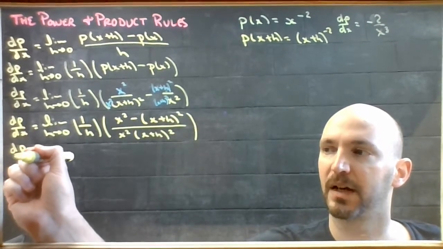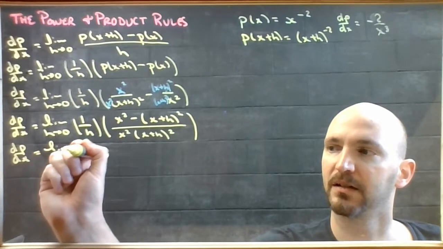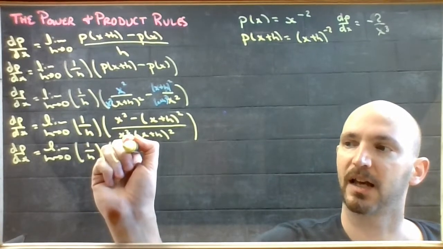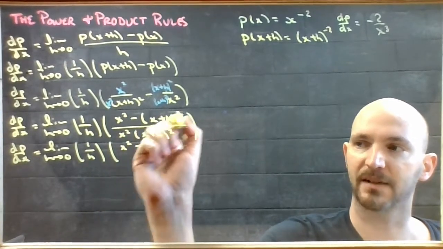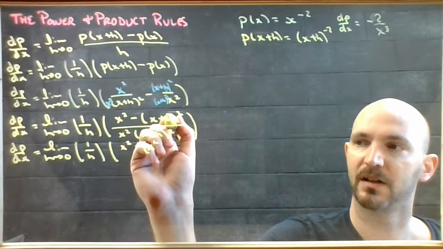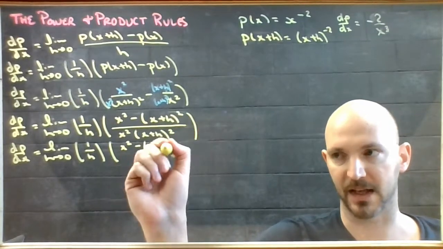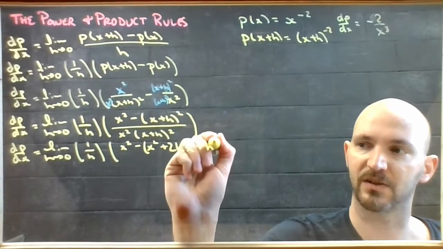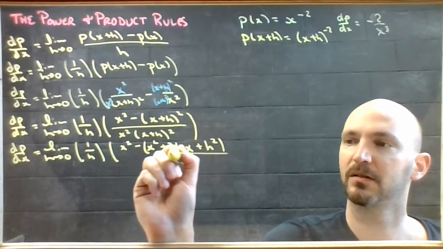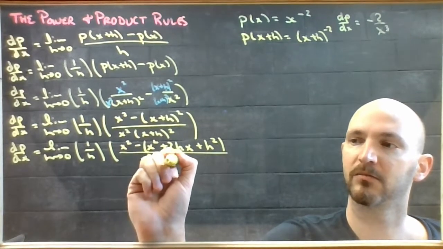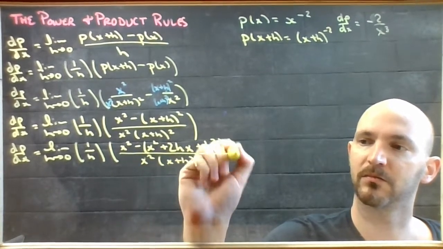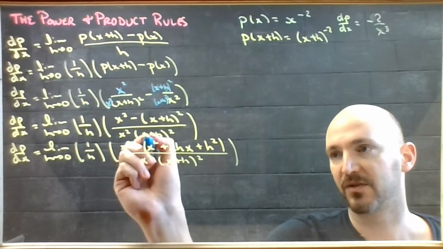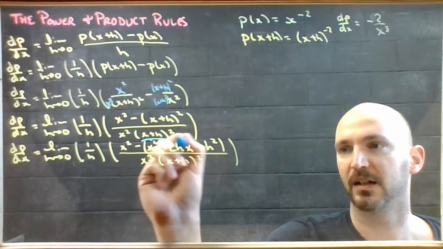dp by dx is the limit as h goes to 0 of 1 over h times x squared minus. So an x times an x is an x squared. X times an h times an x gives me 2hx. H times h is h squared. So I'm going to end up distributing this negative into here, into here, into here.